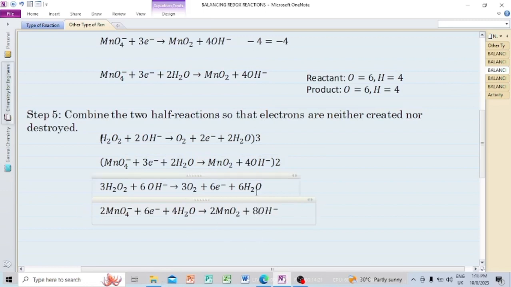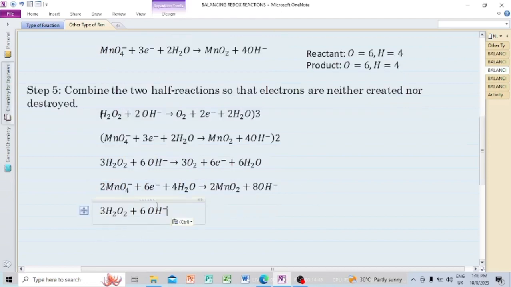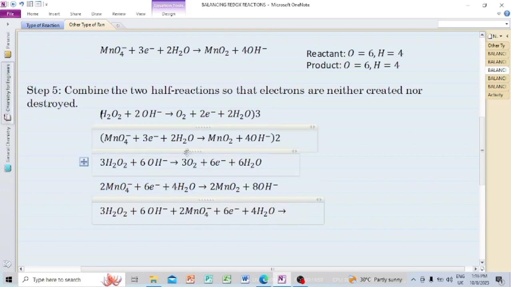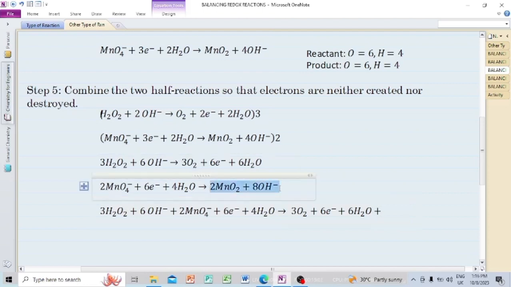After nating ma-balance yung electron transfer, we will recombine our half reactions. I-recombine lang natin yung nasa reactant and nasa product side. So, this will be plus our reduction.